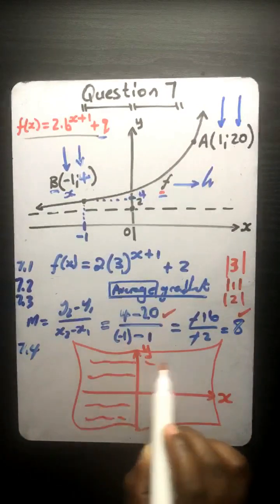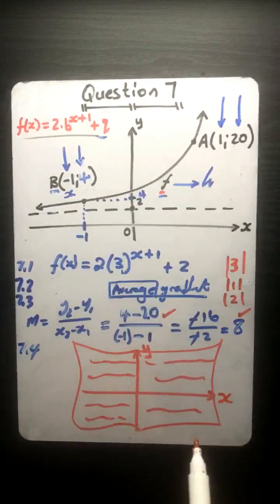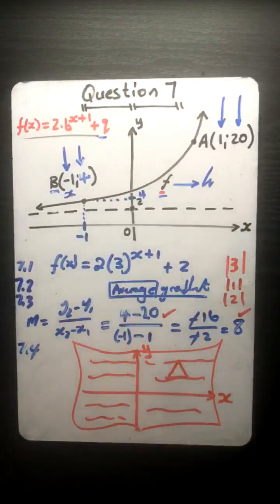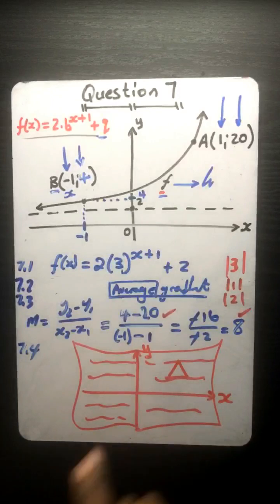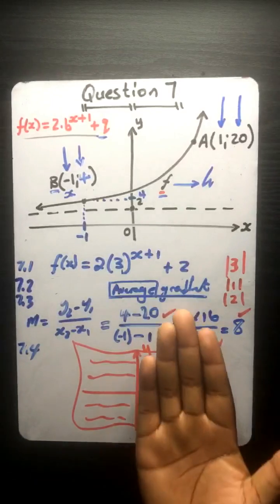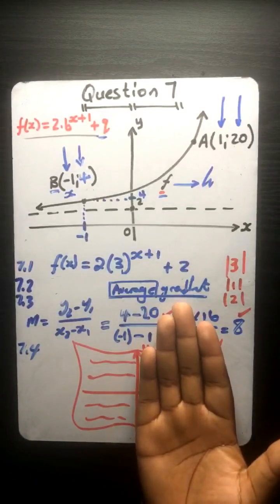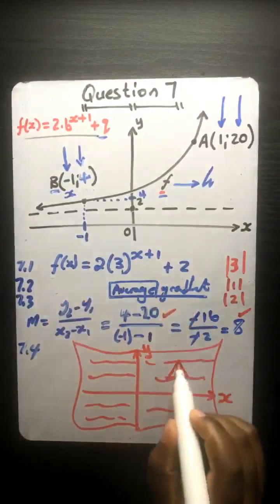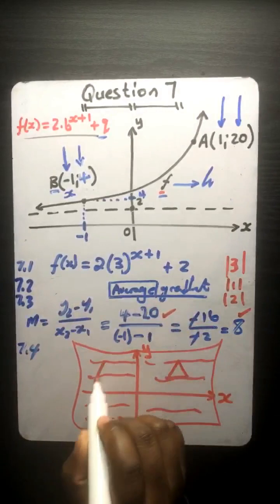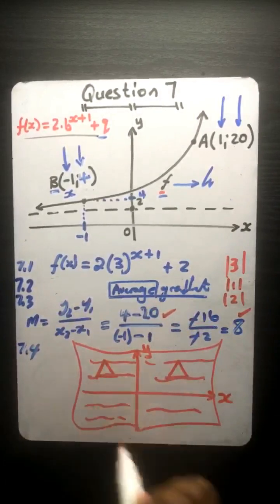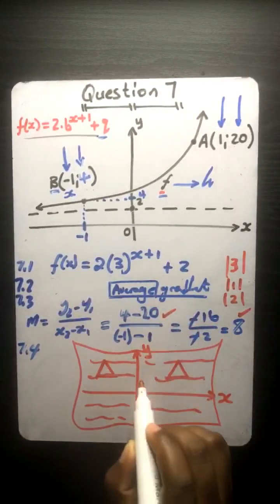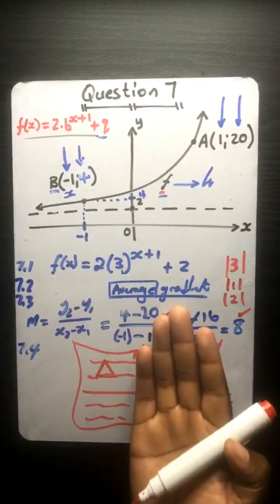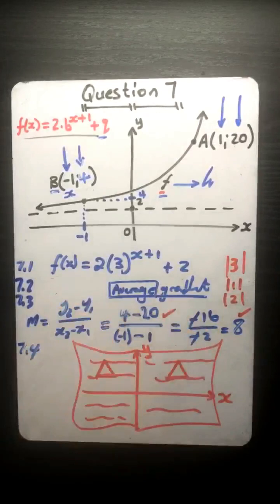Let's say you are having that there. So they said reflected about the y-axis. That means you are paging about the y-axis. So this thing is going to page to this page in the same position, but on this side. So that means nothing changes to this, but what changes is just the coordinates. This comes to that side.